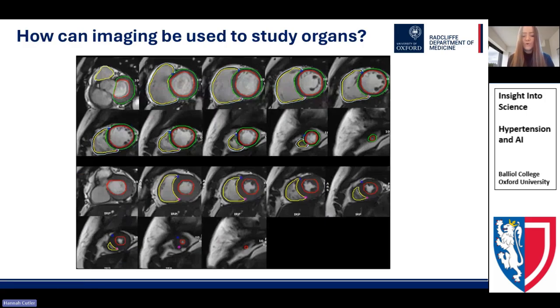So this is an example of how we can use imaging. So this is an example of a magnetic resonance scan. Can anyone tell me in the comments what organ this is? Does anyone know what organ this is a picture of?